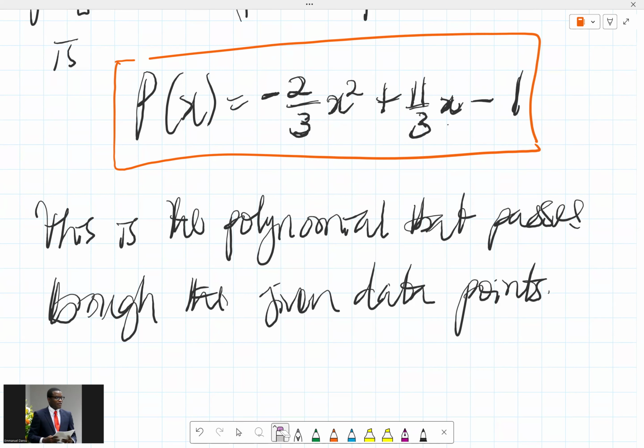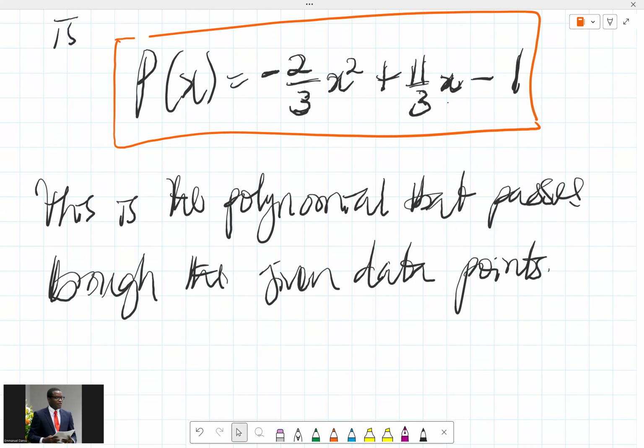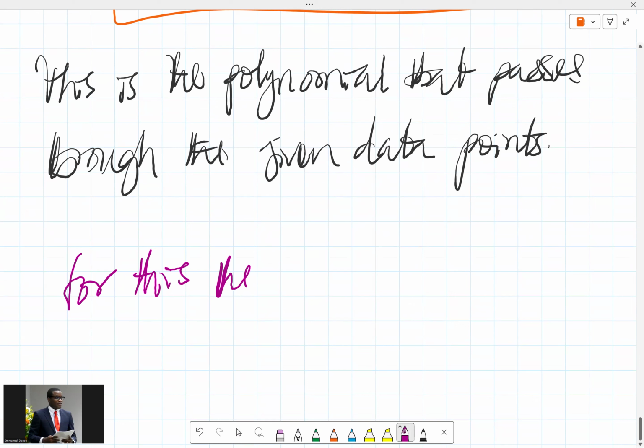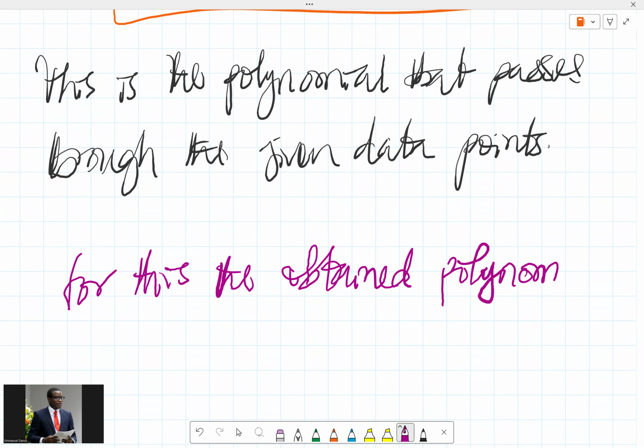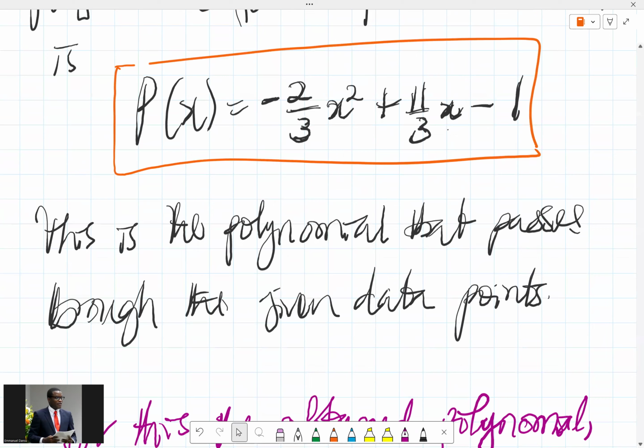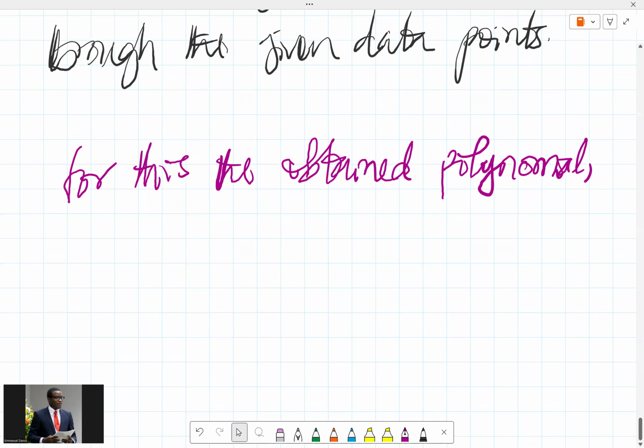In fact, you can even try this for the obtained polynomial. Okay, so with that polynomial now you can try to get other data points.